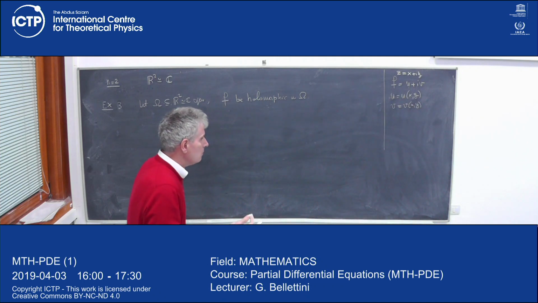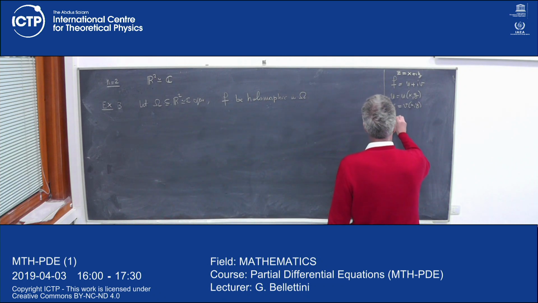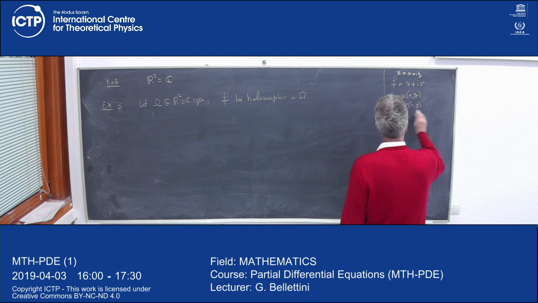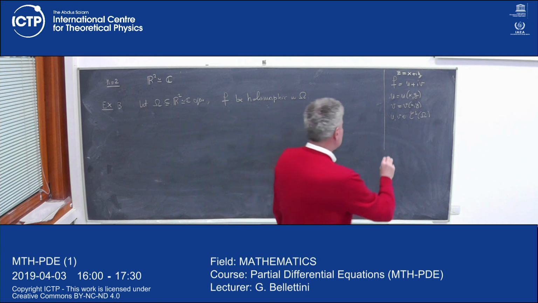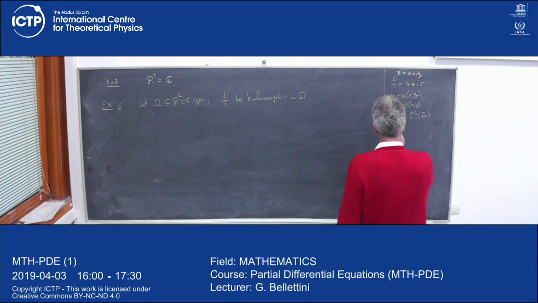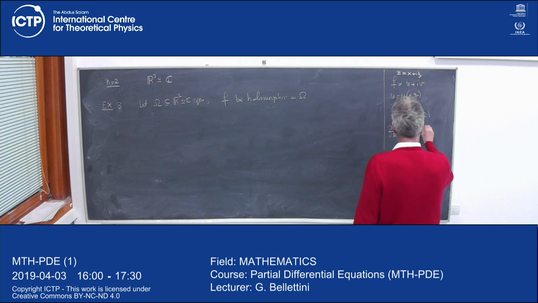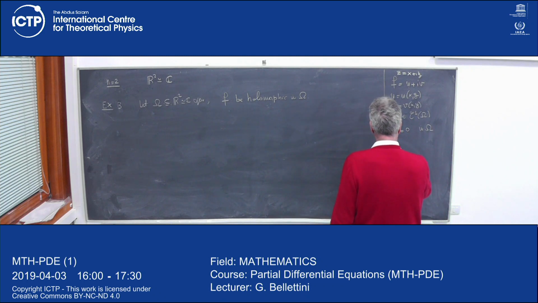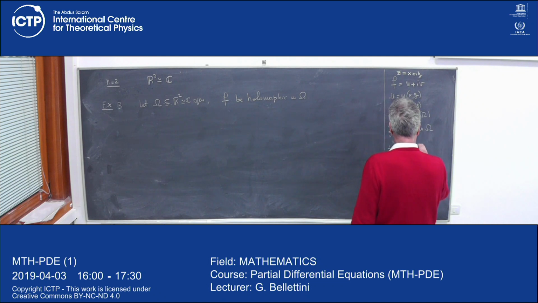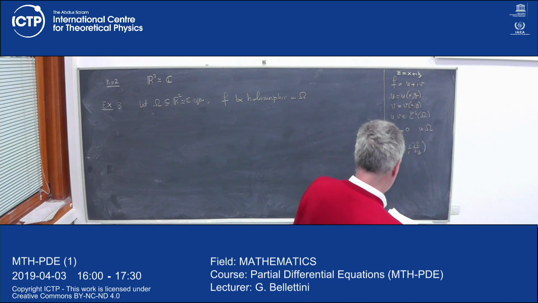Okay, so for me holomorphic is, for instance, to ask that u and v are real and C1, and the derivative of f over dz bar is equal to 0 in omega, which means, so the derivative of f over dz bar is by definition 1/2 times the derivative of f over dx minus 1 over i times the derivative of f over dy.